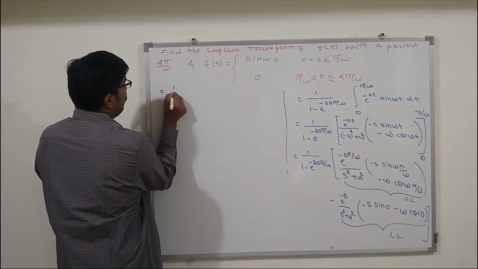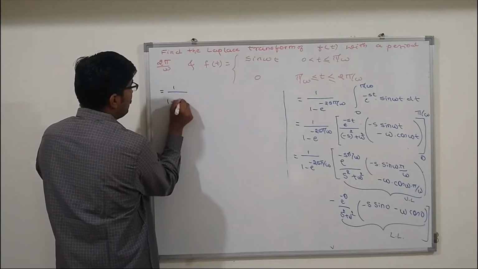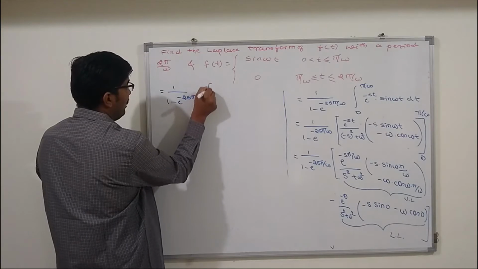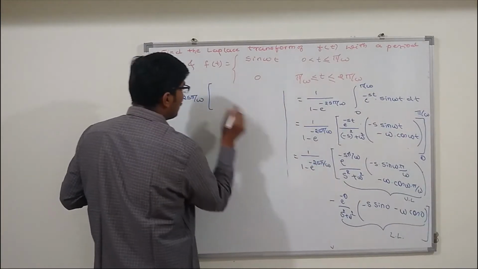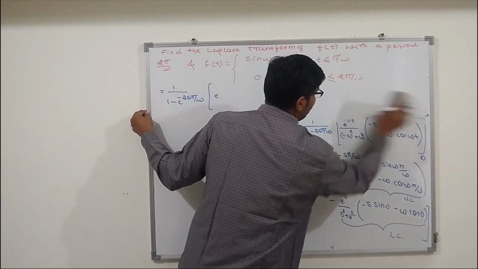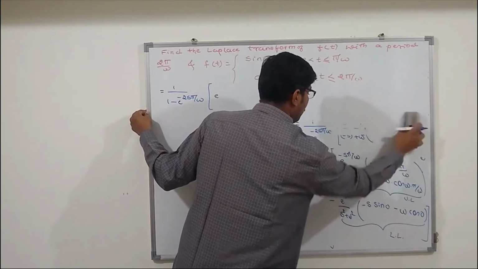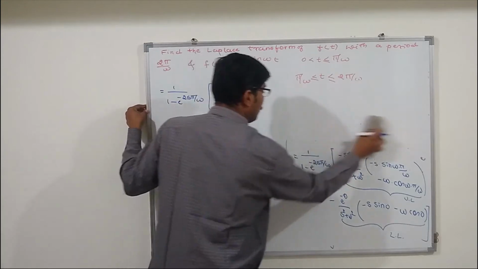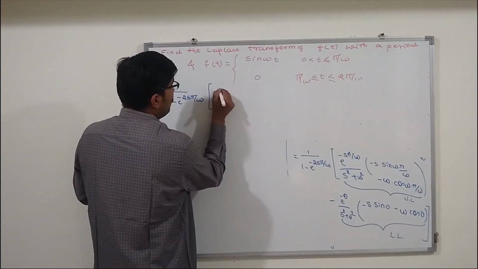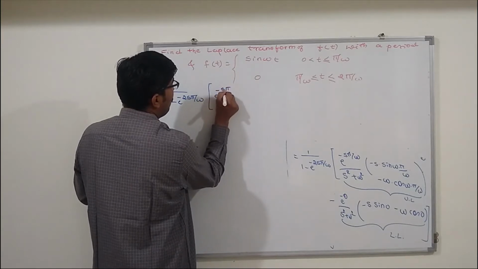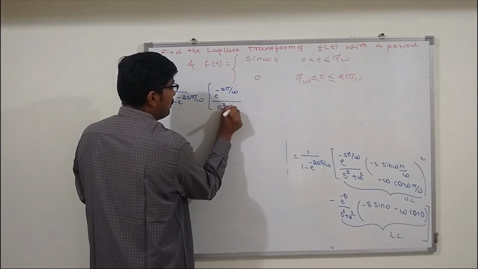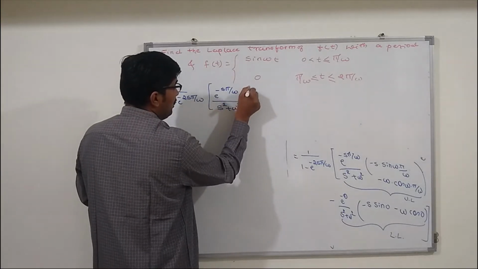this is equal to 1 divided by 1 minus e raised to minus 2s pi divided by omega into bracket. Okay, first term, that is e raised to minus s pi by omega divided by s square plus omega square into bracket.